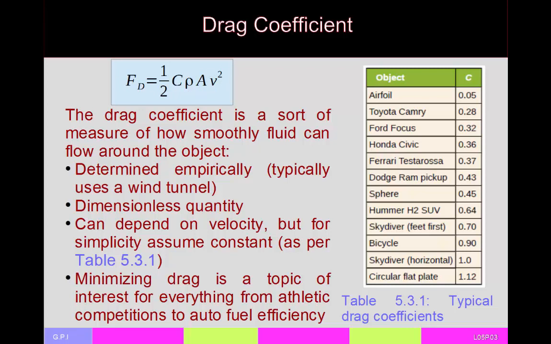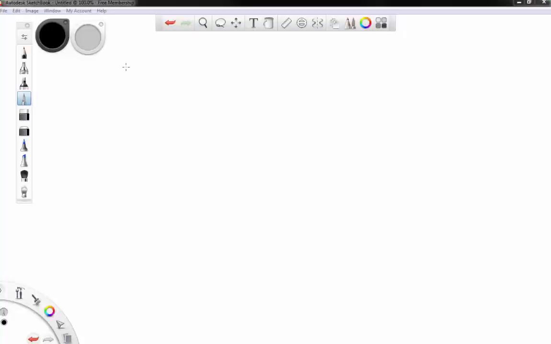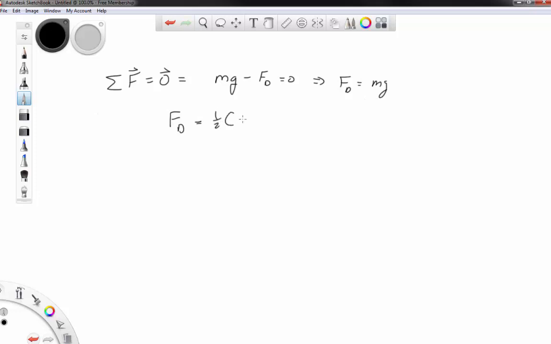So what that looks like, we're looking at the case where the sum of forces is zero. So that is mg minus fd is equal to zero, or in other words, fd is equal to mg. But fd, the drag force, is 1/2 times c times rho times a times v squared.